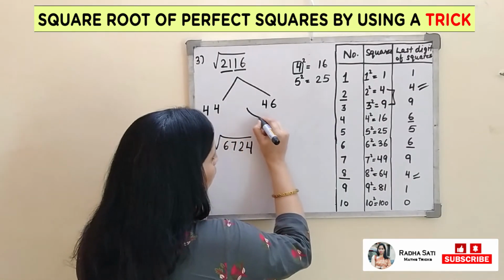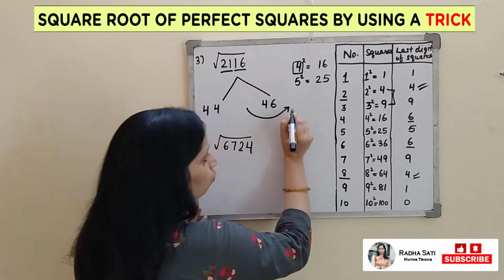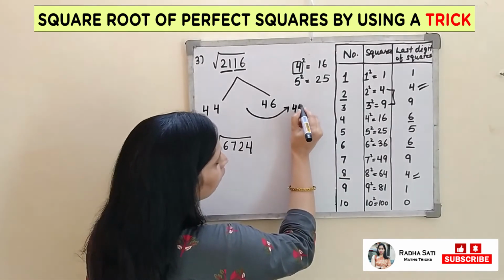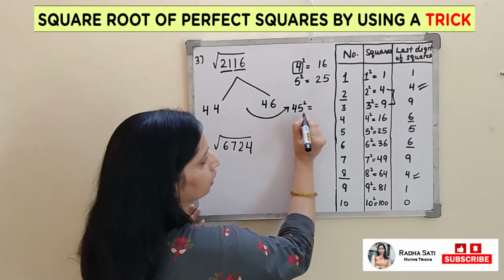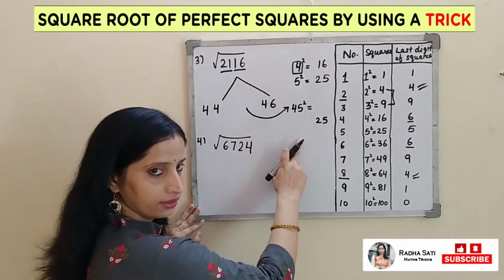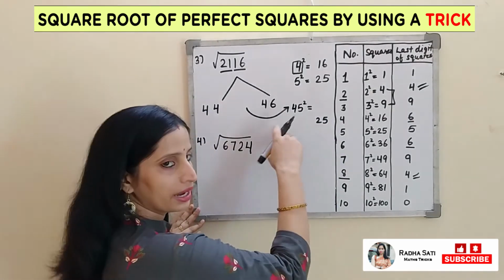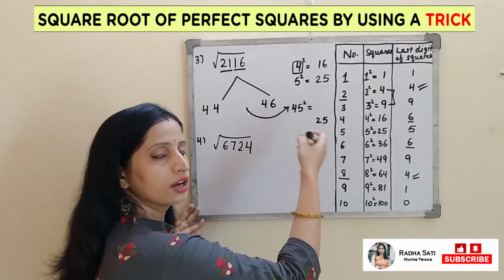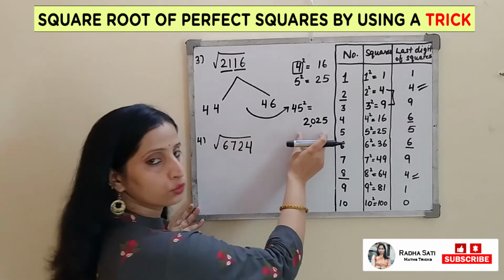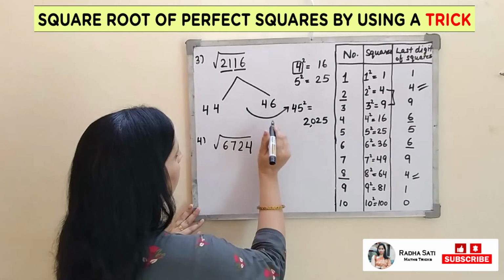Now only the last step is to check the square of a number ending with 5. It is 45. What will be the square of 45? 5 square is 25, and then multiply 4 by its successor. 4 5s are 20. This means 2025 we get.